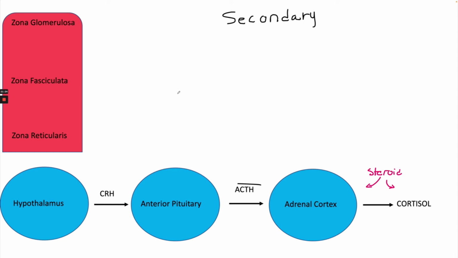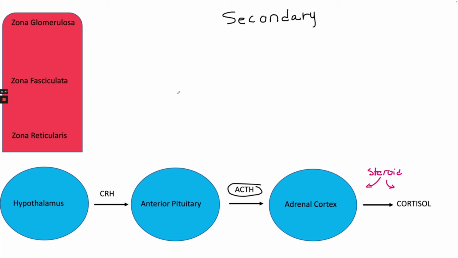In secondary, we've been taking a lot of steroids, so the anterior pituitary gland is convinced that the adrenal cortex is doing its job just fine, so it backs off, and our ACTH levels go lower. It's not the whole adrenal cortex that is diminished and dying. This is not an autoimmune thing that's attacking it.